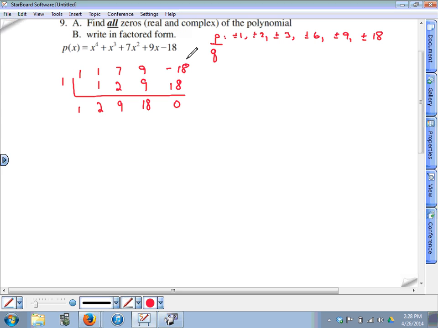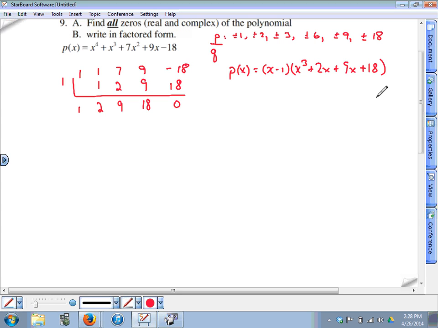So right off the bat, we can partially factor p of x. We know that one of the zeros is 1, so x minus 1 is a factor, and these are the coefficients of a reduced polynomial x to the third, plus 2x squared, plus 9x, plus 18.